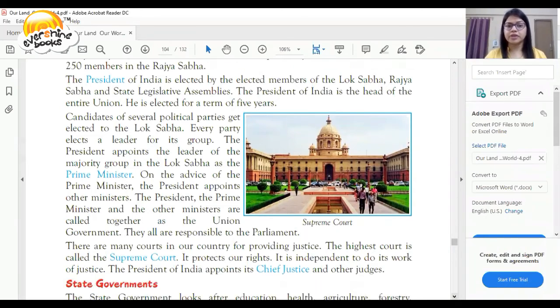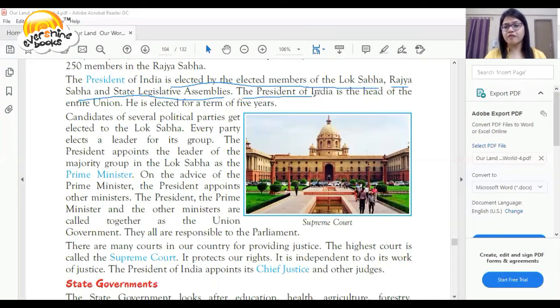Dear student, the president of India is elected by the elected members of the Lok Sabha, Rajya Sabha and state legislative assemblies. So, this is again a very important question. How is the president of India elected? So, the President of India is elected by the Lok Sabha members, Rajya Sabha and State Legislative Assembly members.